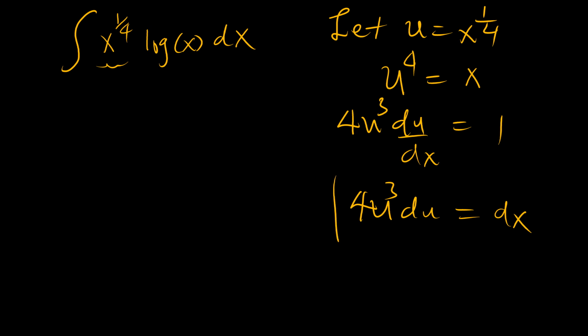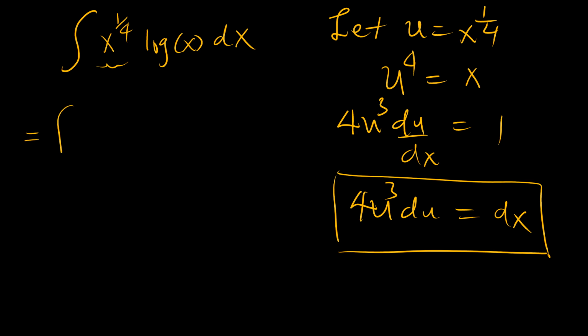This is an important part there. And so now our integral is becoming, in place of this part here, we have u, right? And then in place of x here, we have u to the power 4.